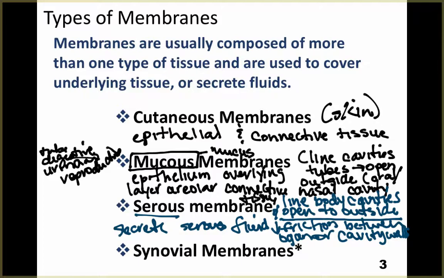And synovial membranes we're going to get to a little bit later. Basically these line joints. What do you think it secretes? If you said synovial fluid, you would be right.